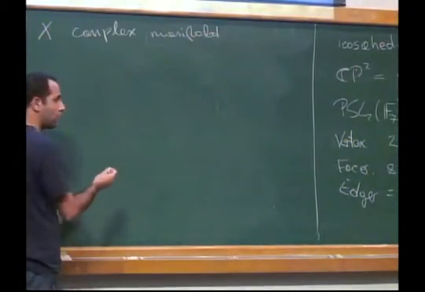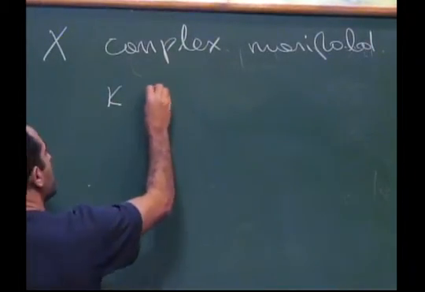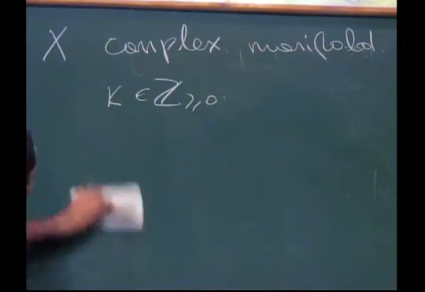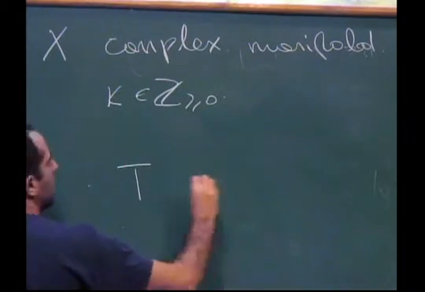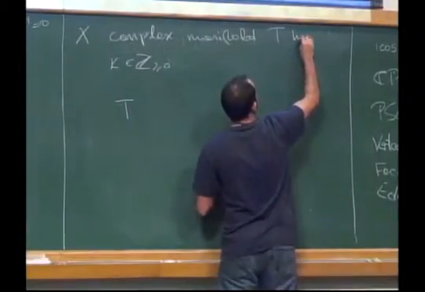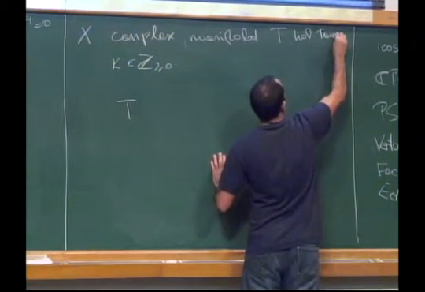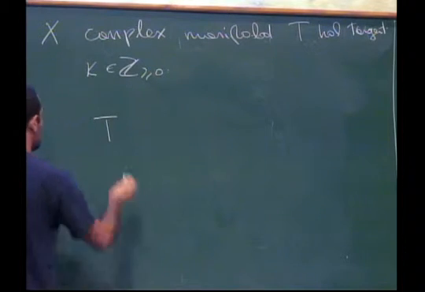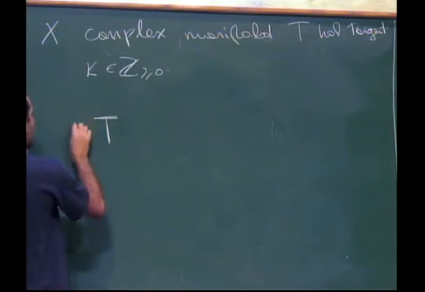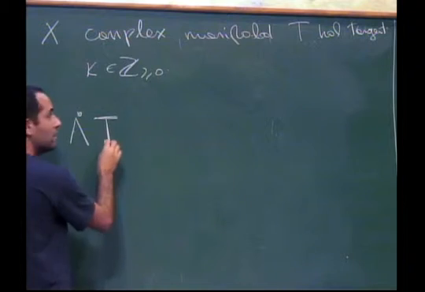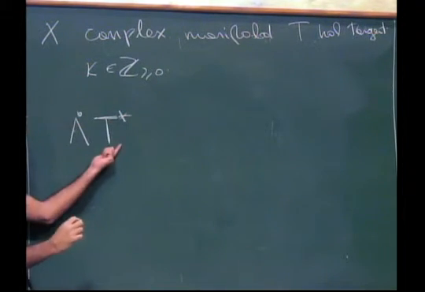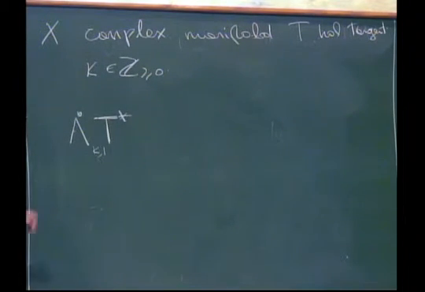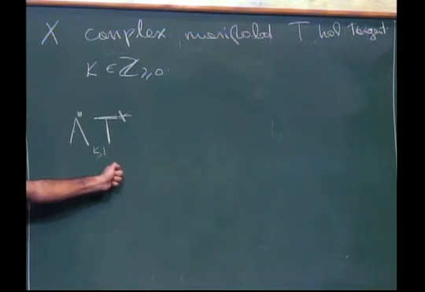And I'll do this in the following way. Let's fix K to be a positive integer. And let T be the holomorphic tangent bundle, and T star its dual. Let's take the exterior algebra of T star, and put T star in bidegree (K, 1). So 2-forms will have bidegree (2K, 2).